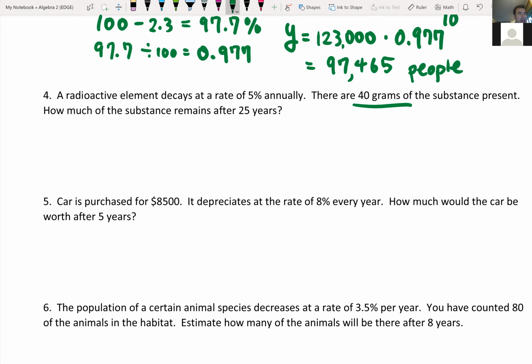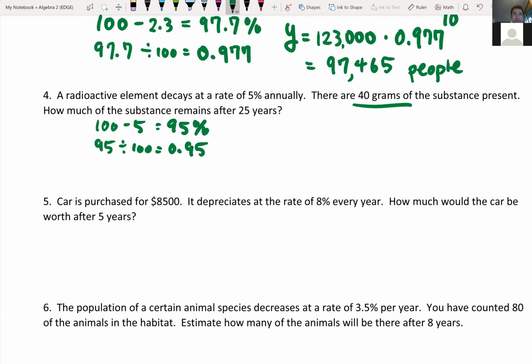So 100 minus 5% is 95%. So 95% is going to be present next year, 95% the year after that. So it would be 95 divided by 100, that's 0.95.